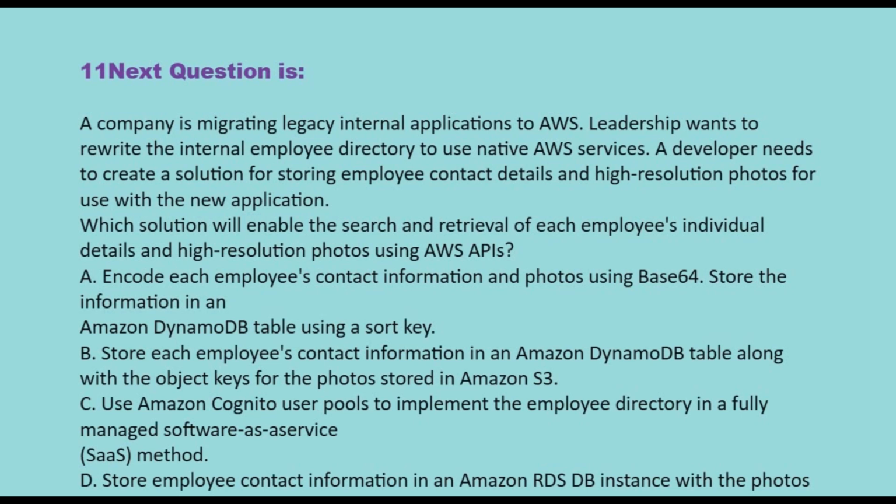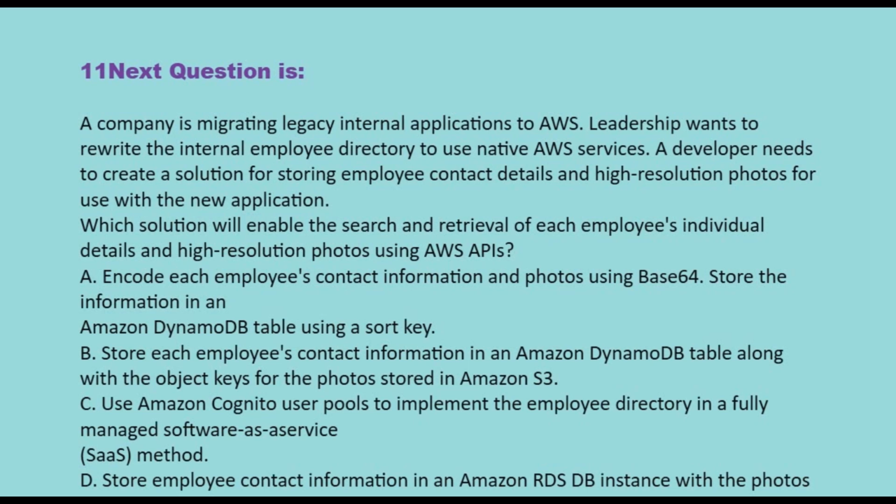Option A, encode each employee's contact information and photos using base64. Store the information in an Amazon DynamoDB table using a sort key. Option B, store each employee's contact information in an Amazon DynamoDB table along with the object keys for the photos stored in Amazon S3.